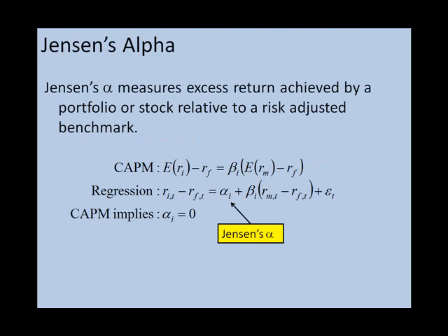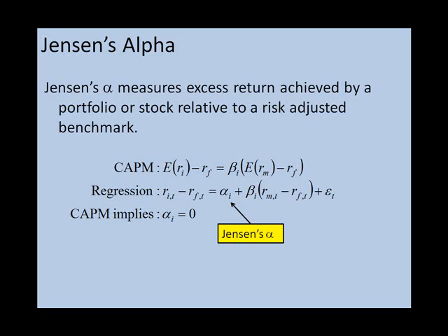The first measure we're going to look at is Jensen's alpha. We've seen this measure several times before now in class. To calculate Jensen's alpha, we're going to have to run a regression. The dependent variable will be the excess returns on the funds, and the independent variable will be the excess returns on the market.